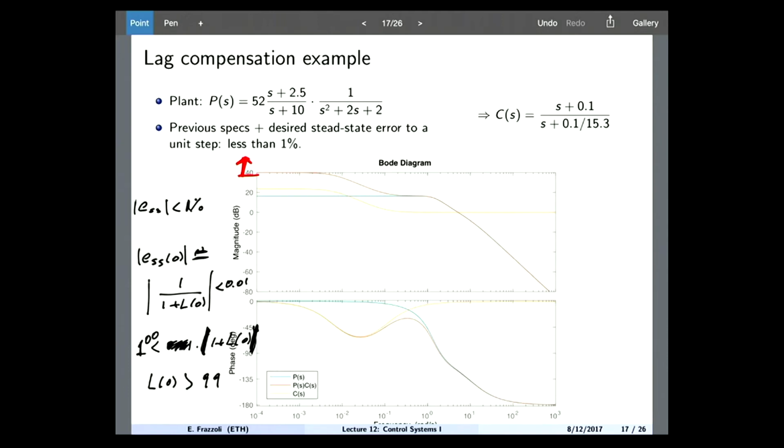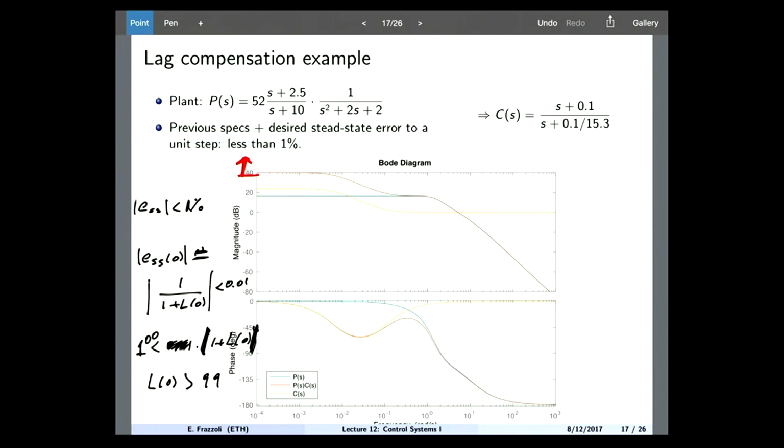So I want the pole to be at a frequency that is 15.3 times smaller than the frequency of the zero. Where do I put the zero? I want crossover here, so I will put my zero at least one decade to the left, even further away.